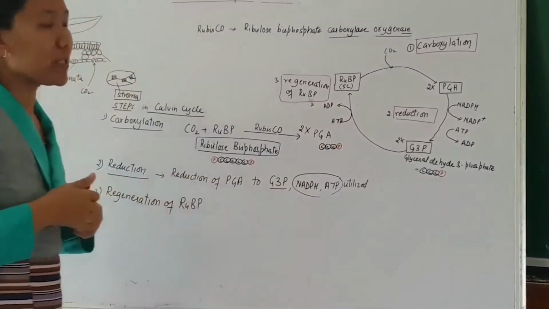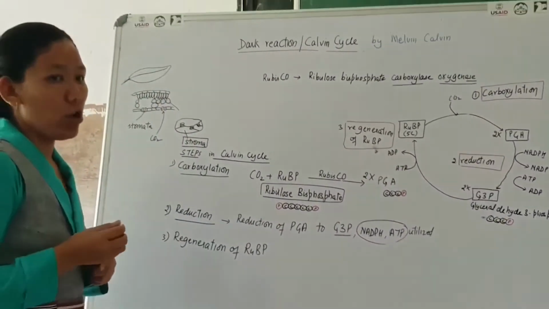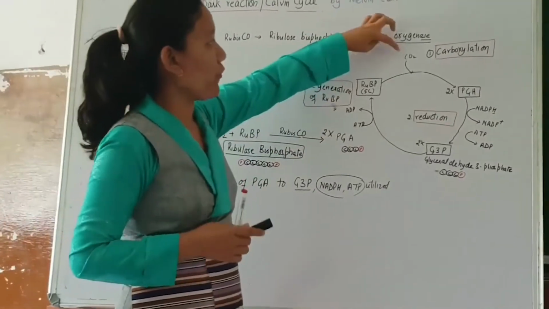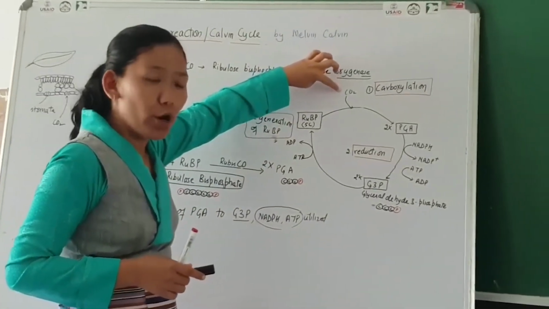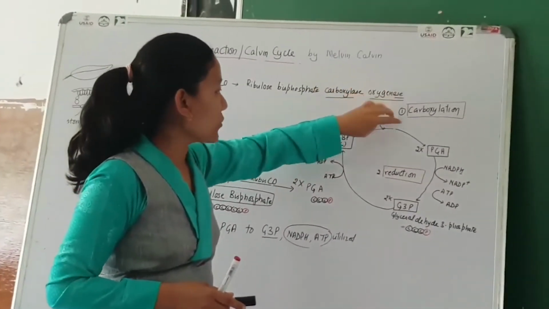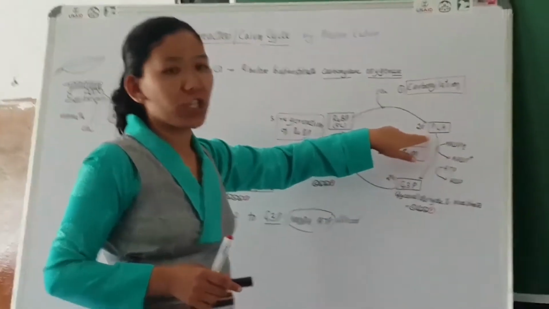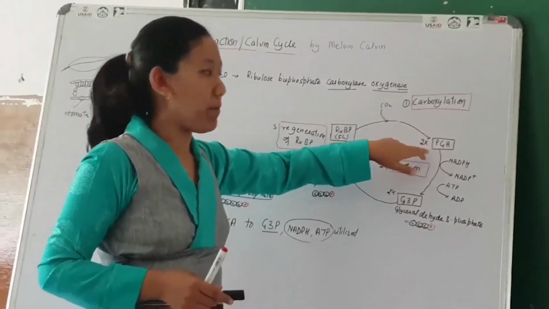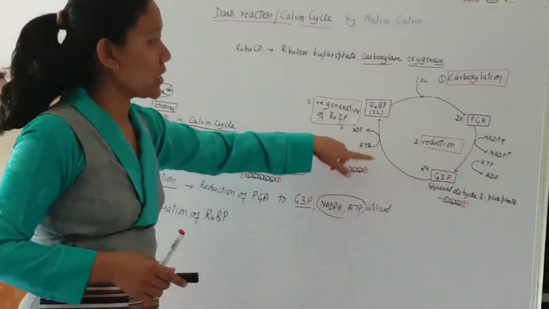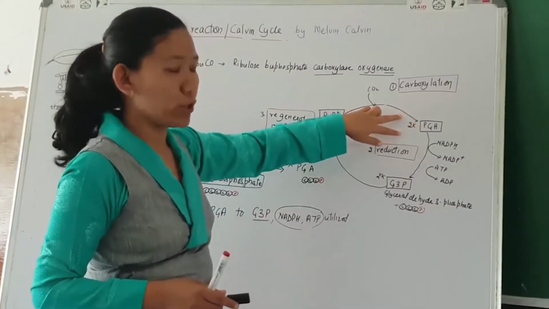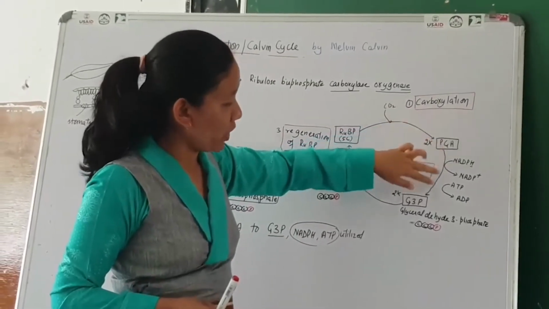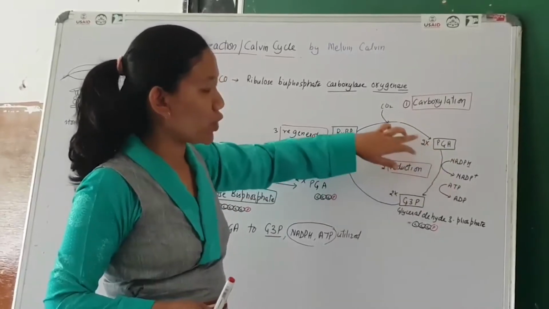Okay, so these are the 3 steps in Calvin cycle. First one is carboxylation, so fixation of carbon dioxide with the help of an enzyme called Rubisco, and this results in the formation of PGA, which is a 3-carbon compound. So it has 3 carbons and a phosphate, and there are 2 molecules of it. From here onwards we have to multiply everything with 2.